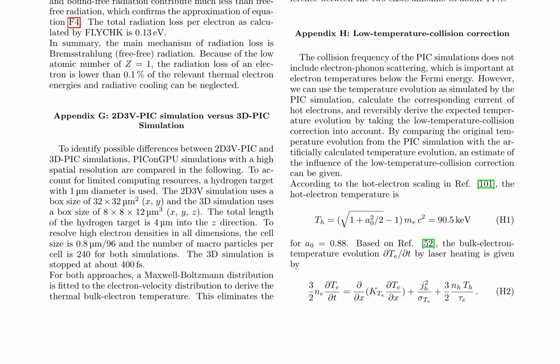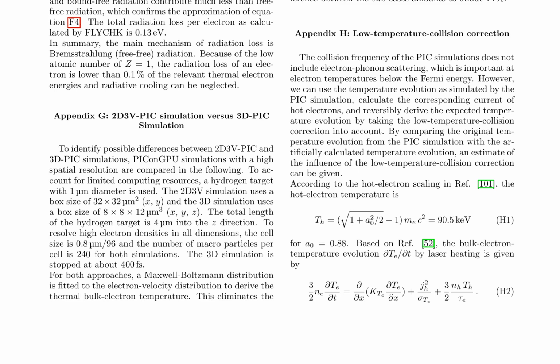The total length of the hydrogen target is 4 micrometers in the z direction. The cell size is 0.8 micrometers, and the number of macroparticles per cell is 240 for both simulations. The 3D simulation is stopped at approximately 400 fs.